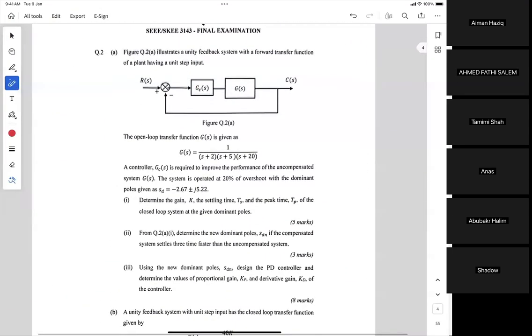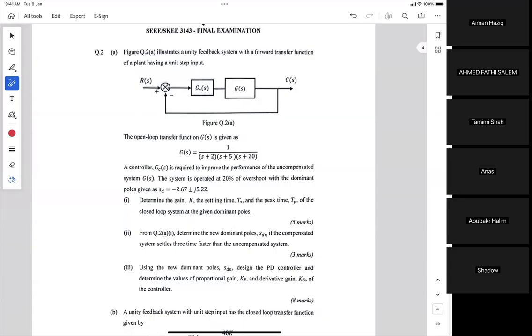Miss Lee, can you read question number 2? Figure Q2A illustrates a unity feedback system with a forward transfer function of a plant having a unit step function input. The open loop transfer function G(S) is given as 1 over (S+2)(S+5)(S+20). A controller G_c(S) is required to improve the performance of the uncompensated system. The system is operated at 20% overshoot with the dominant poles given as SD equals negative 2.67 plus minus j5.22. 1.